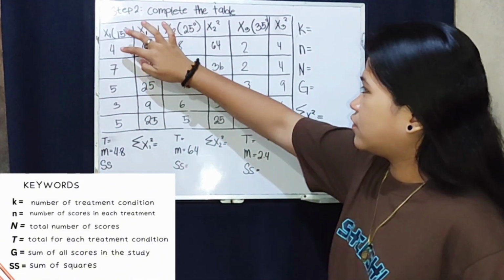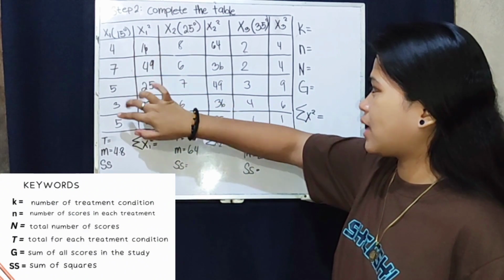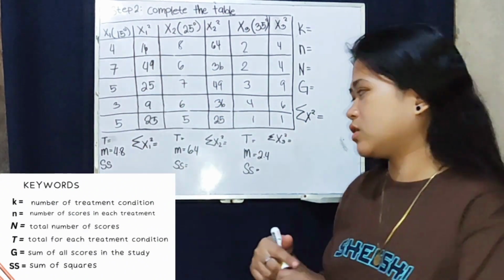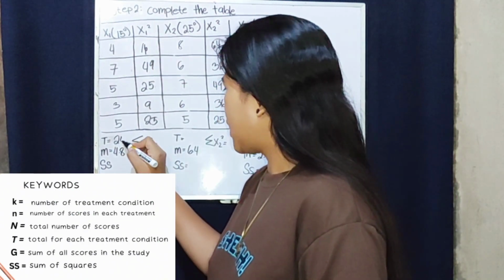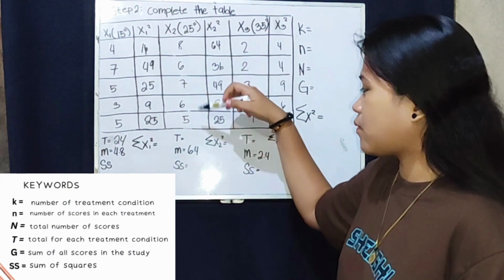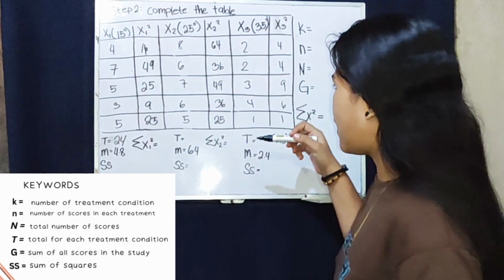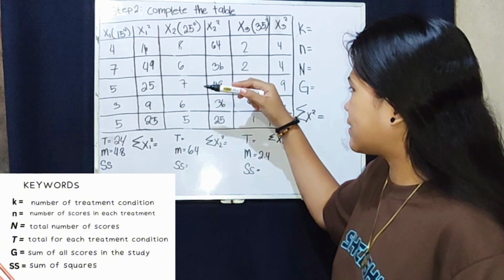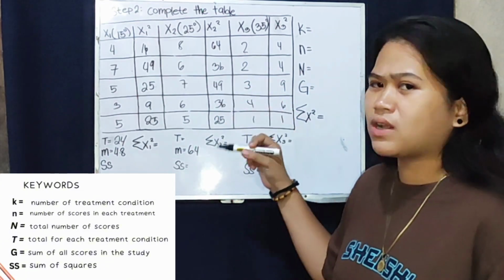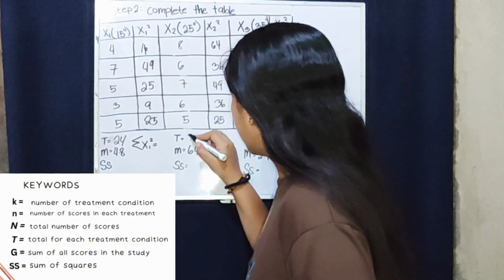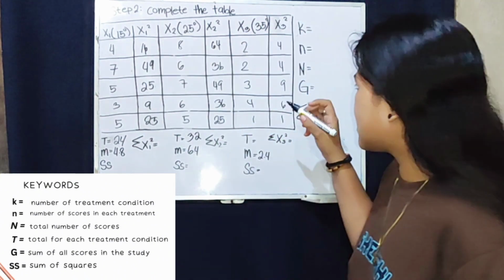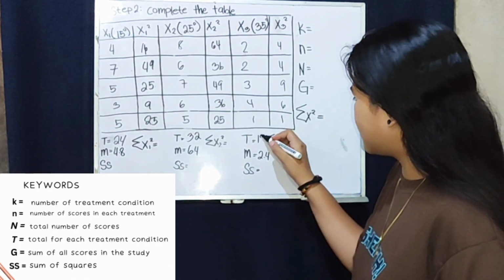So 4 plus 7 plus 5 plus 3 plus 5 equals 24. Dire gihapon, i-plus na gihapon siya. 8 plus 6 plus 7 plus 6 plus 5 equals 32. Dire sa last, i-plus, 12.